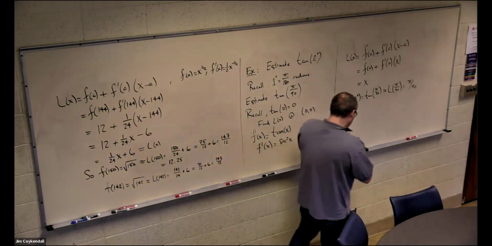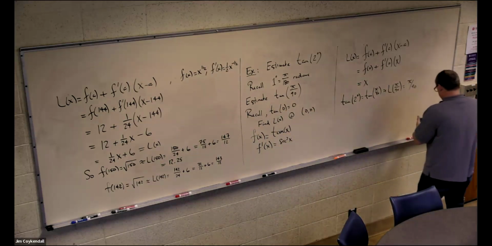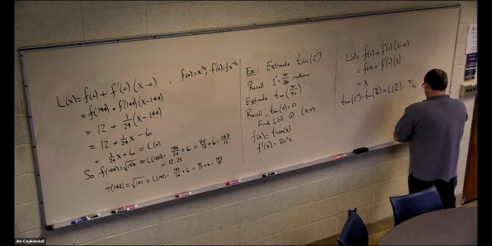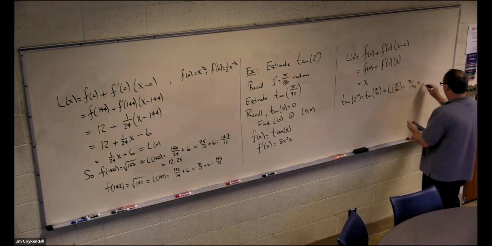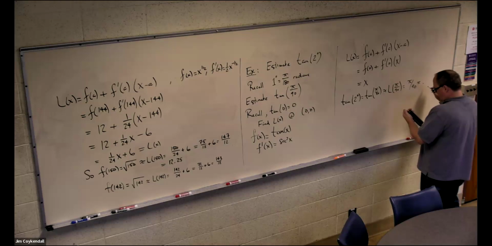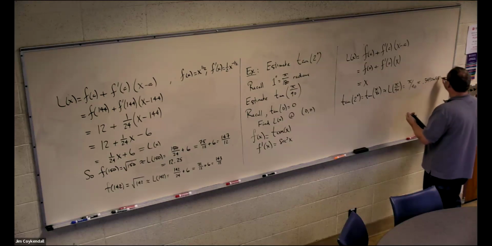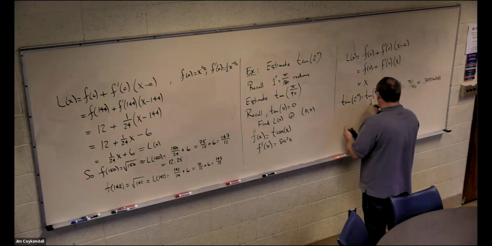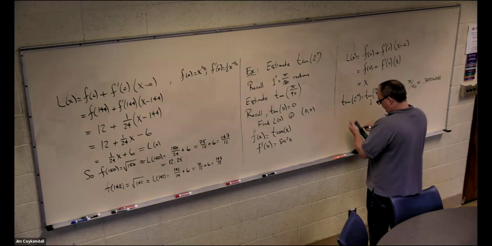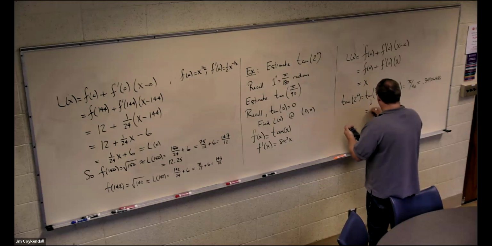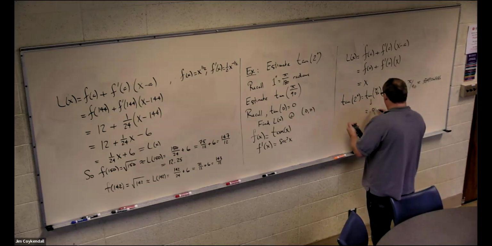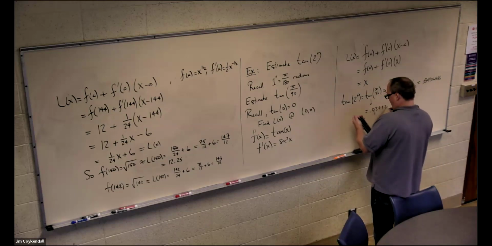So pi over 90 is about 0.349585. And tangent of pi over 90 is approximately equal to 0.34926.